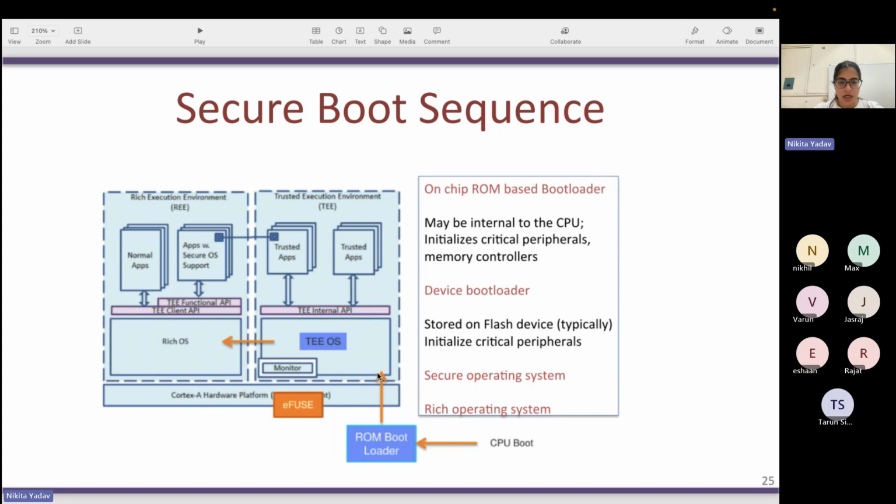The bootloader is going to now start the monitor, and the monitor is going to start the TEE OS. Once the TEE OS has started, control passes via the monitor to the rich OS, and then the rich OS will boot up. So this will be the boot sequence, and then the attestation will happen in this way.